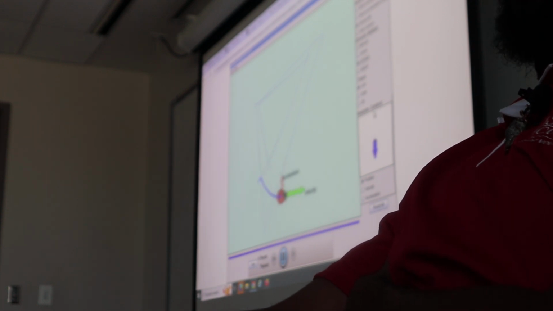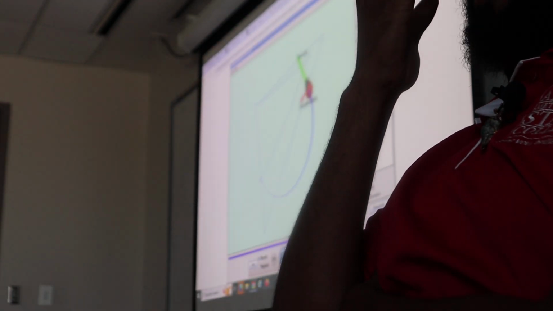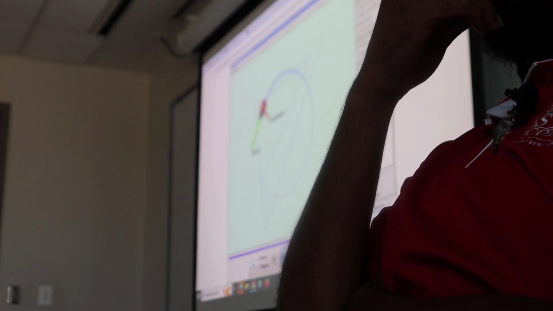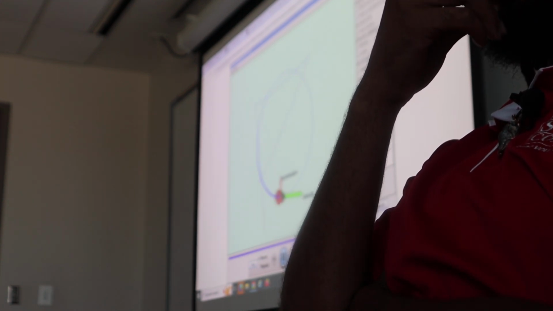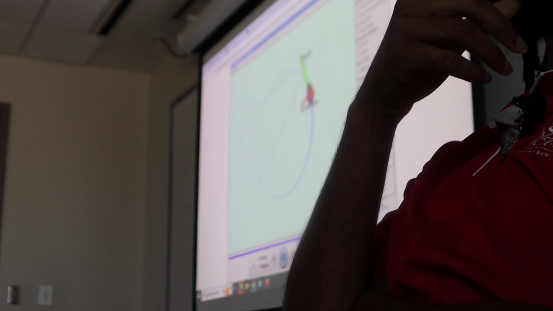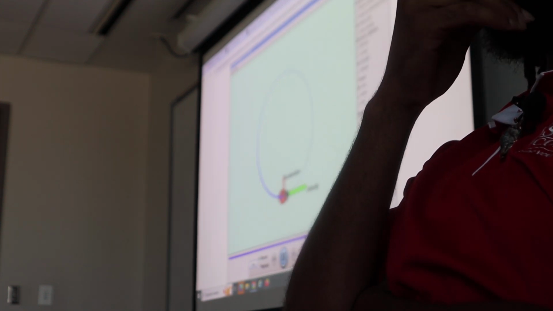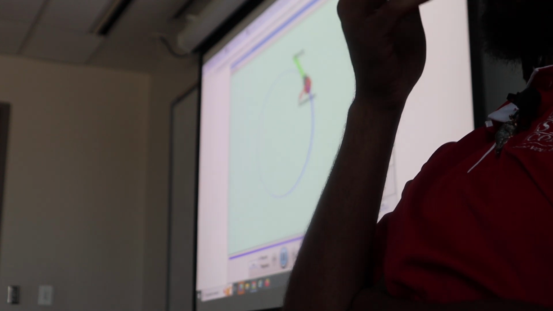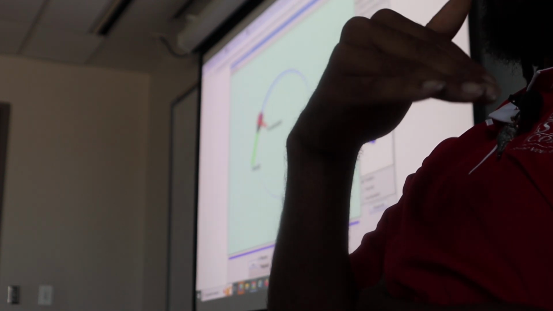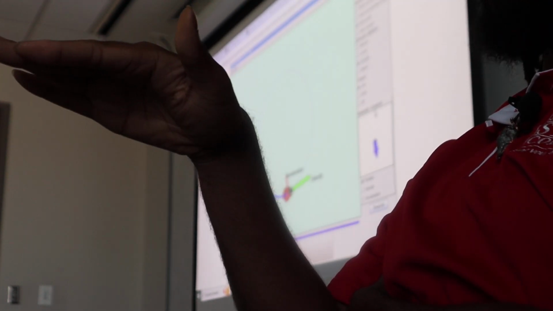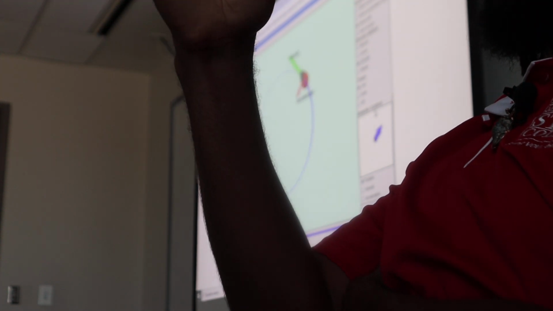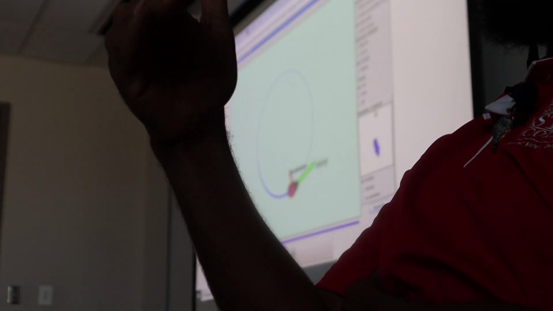On a circular path, our acceleration is inward. That's that centripetal force. Our velocity is going at an angle, a little bit outside of the circle, going straight, but our acceleration is inward.